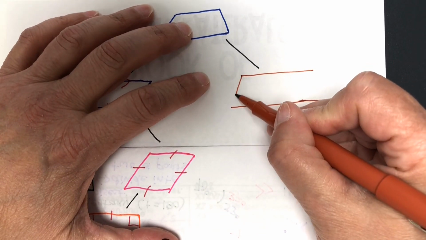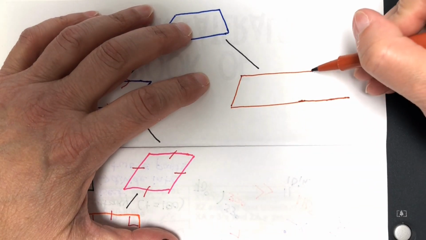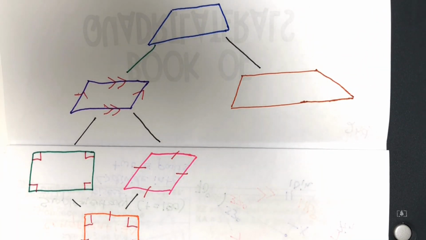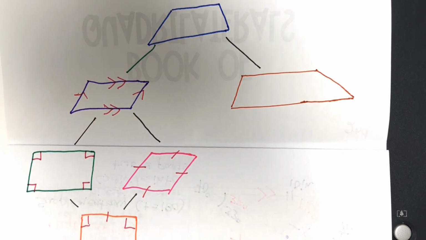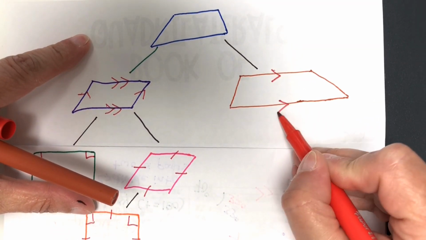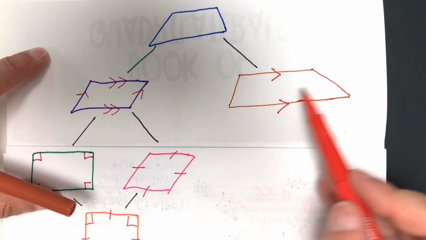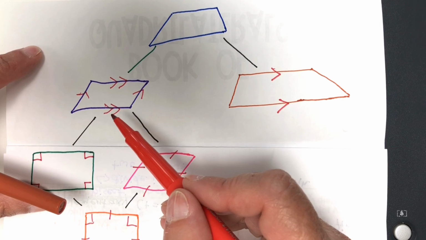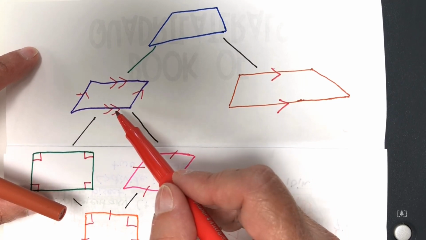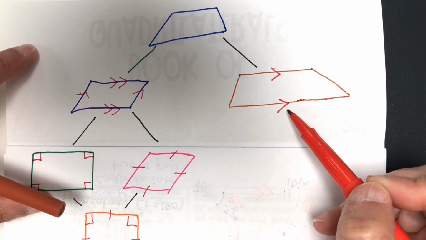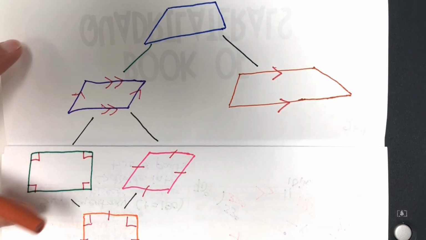And then these sides are not parallel. Okay, so these guys are parallel. These are not parallel. If these were parallel, we'd be over here. We would be a parallelogram. So exactly one pair of opposite sides parallel. That makes us a trapezoid.